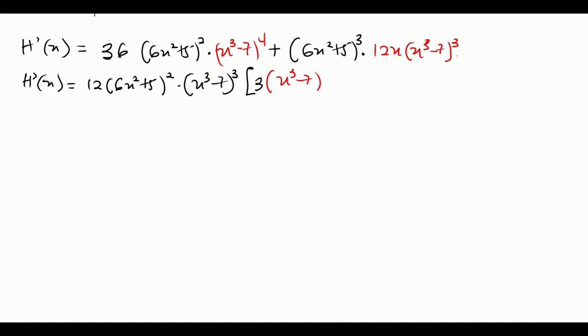Alright. Then we add everything that is left. From here, we already took away 12x, so here will only be left with x. But first, let's begin with whatever is here. Now here we took (6x² + 5) all to the power 2.